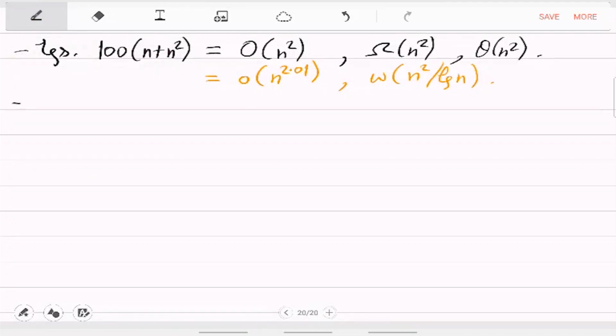Okay, another example, which you will often see, is n log n. So what is n log n? n log n is upper bounded by, let us say, this power n to the 1.01, right? n log n is almost a linear function. So anything n to the 1 plus epsilon will be larger.